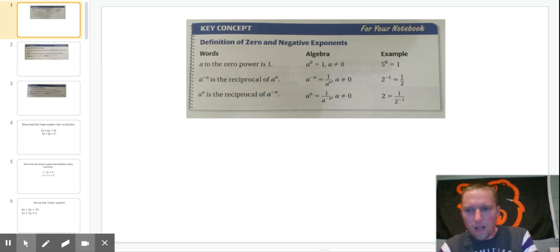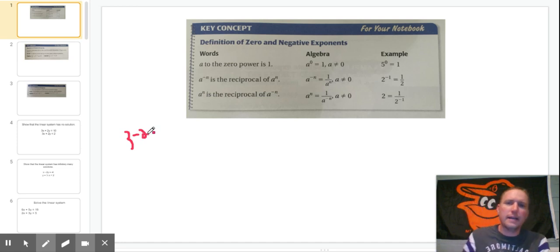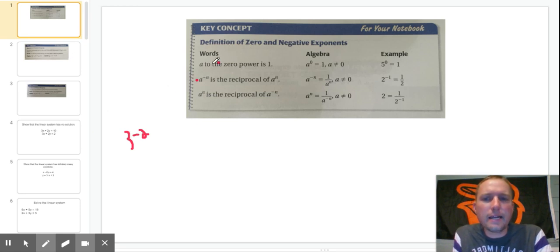So the first example that I would like to go over with you is 3 to the power of negative 2. Now, looking up here, when you have a number with a negative exponent, it's the reciprocal of that number to the same power.